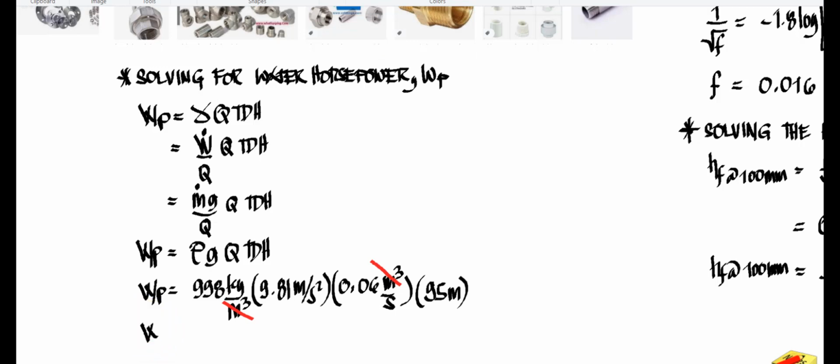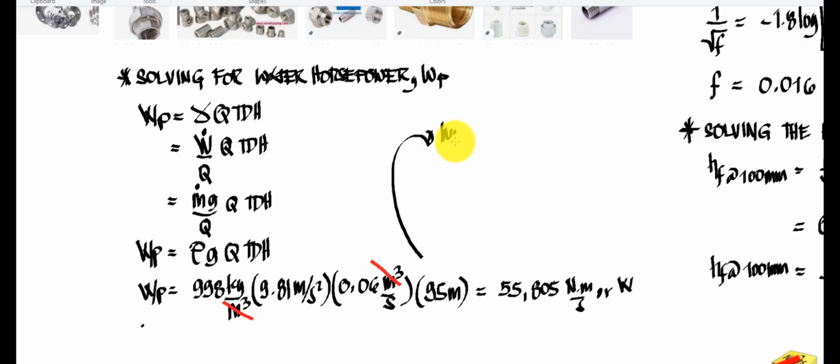Okay, so we have the water horsepower. Let me write it here. Finally we have the value of the water horsepower, which is equal to 55,805. The units are Newton meter per second, which I would say is already watts. So let's convert this into horsepower. Our water horsepower is 55,805, which is already in watts.